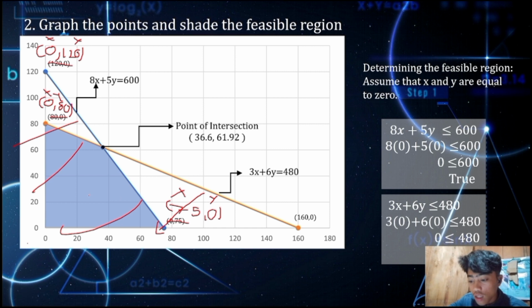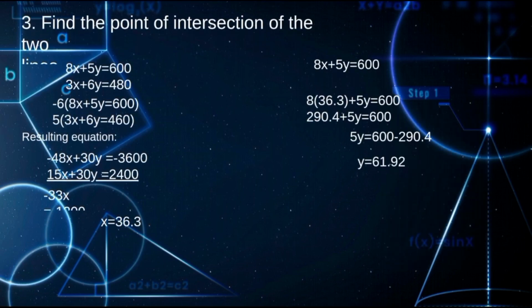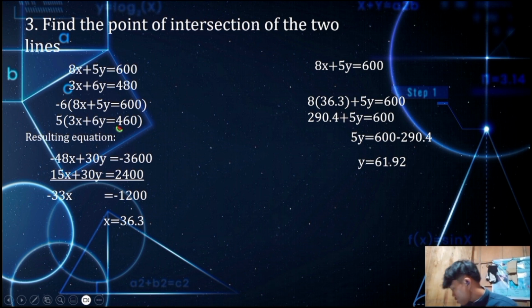Meron tayong tatlong vertices. Ito, saka ito. So ngayon, dito ay hahanapin natin yung point of intersection sa dalawang line, yung orange at saka blue.